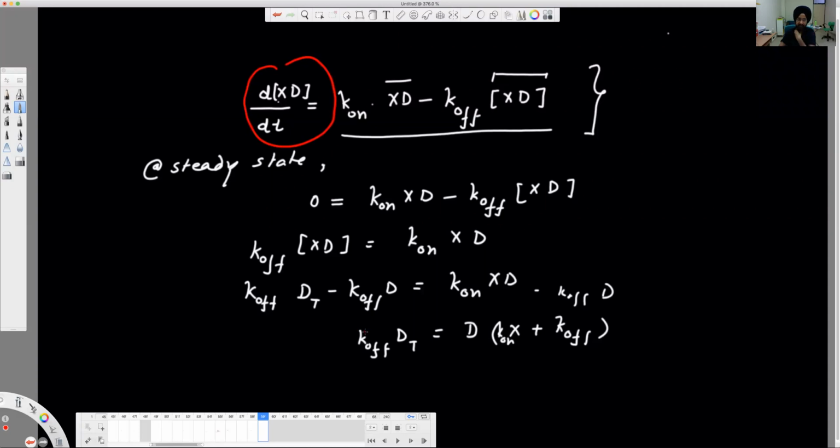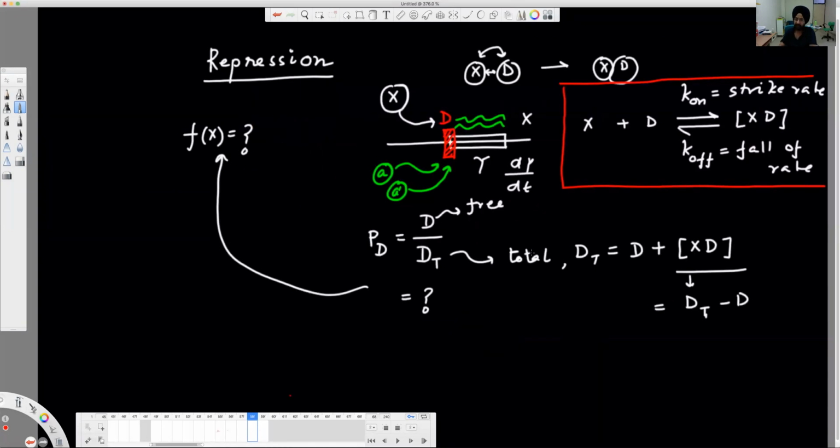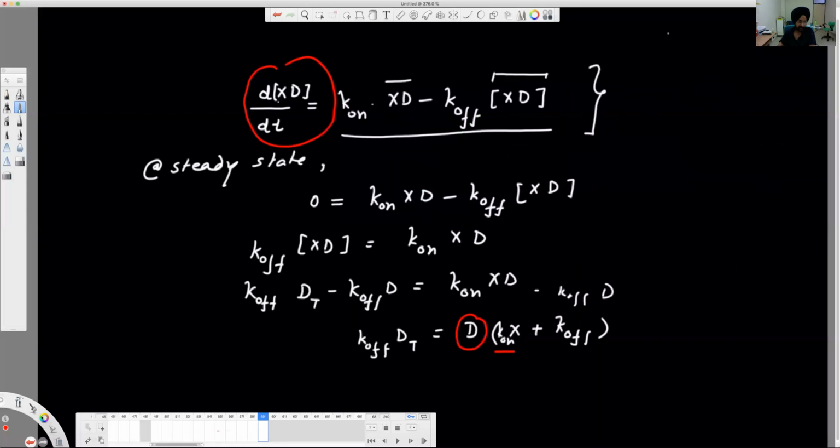So we write the change in xd complex, right? So this was another thing that somebody pointed out. K on should be here, that's okay, and then k off is here. That's fine. Now why did we take d common? Because we are interested in d by dt, right? If we can get that. Okay, so let's see what happens now.